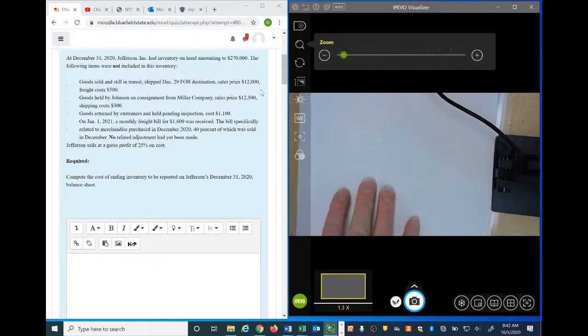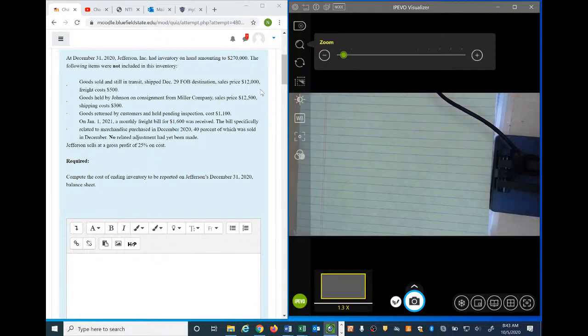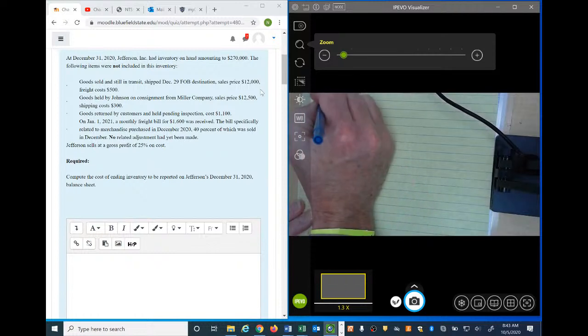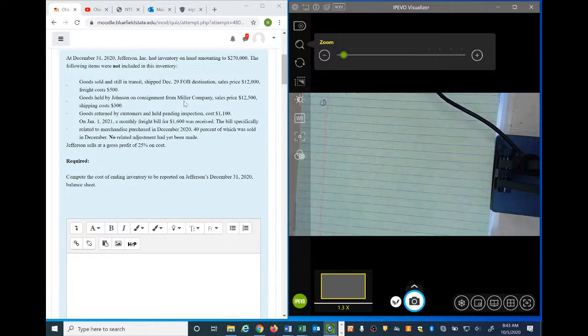So the first thing I will do, let me get a pen here. For number one, the first step of this, the goods sold in transit, FOB destination, it's our goods.